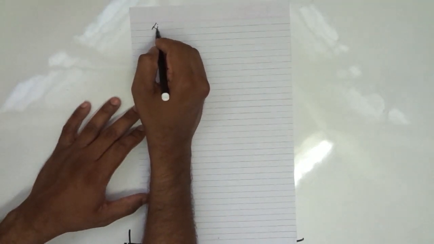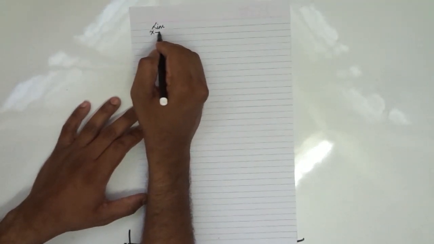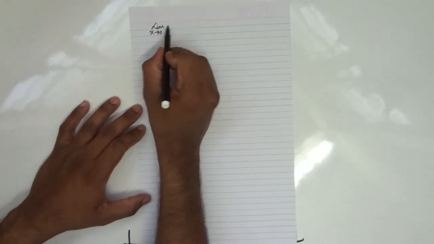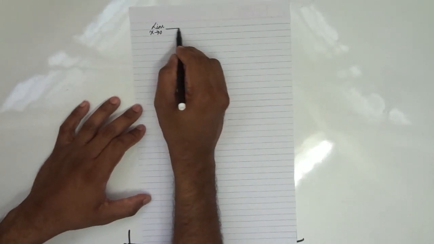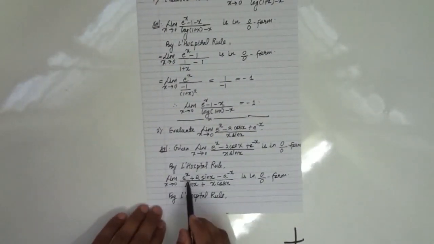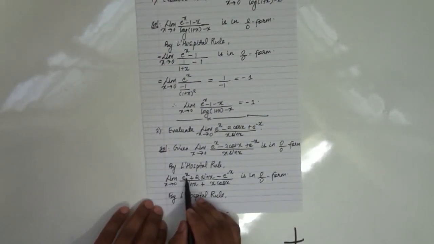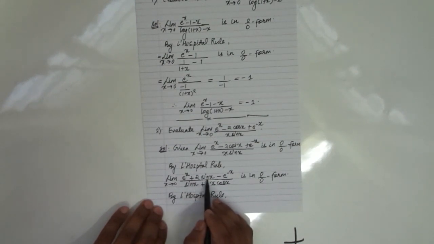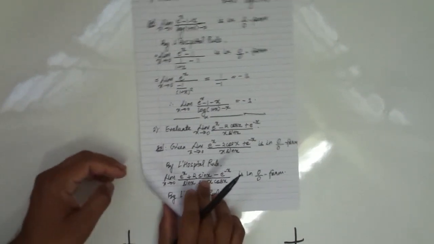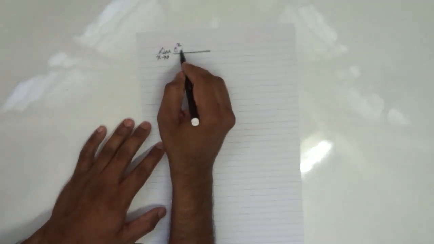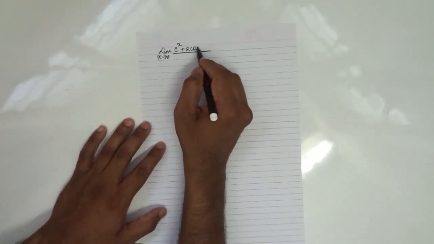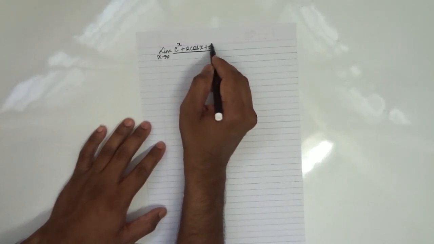So the limit x tends to 0, and I want to write derivative over here. So the derivative of this function is e raised to x as it is, plus 2 times cos x and plus e raised to minus x. So this is e raised to x plus 2 times cos x and plus e raised to minus x.